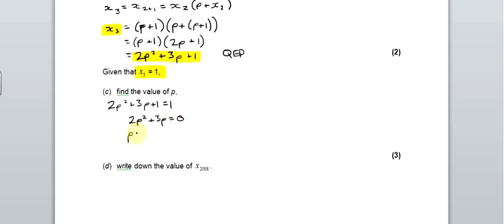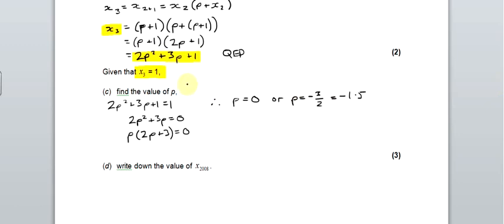And then I can take a factor of p out, and I get p times 2p plus 3. Therefore, p either equals 0 or p is equal to minus 3 over 2, which is minus 1.5 for those of you that like decimals.